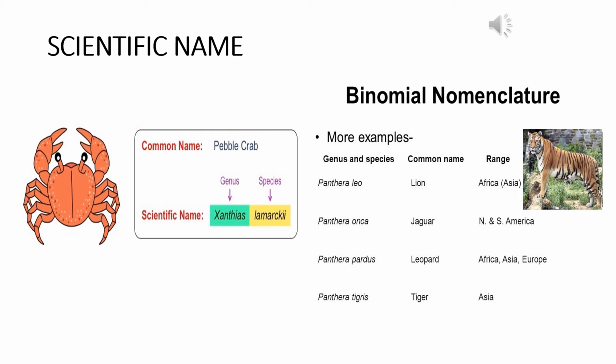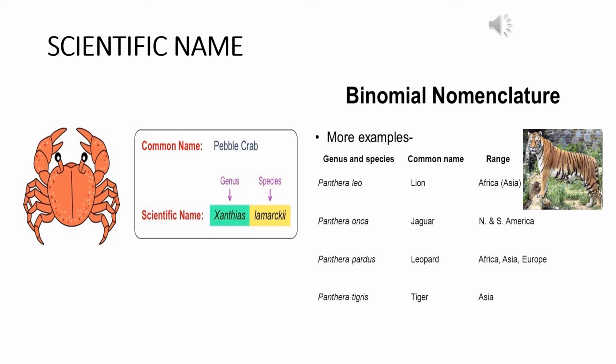So it makes communication in the scientific world easy. Suppose a scientist is coming from Russia and he is referring to the pebble crab, and someone is coming from England and he is also referring to the pebble crab. Both of them don't know each other's language. But if they refer to the pebble crab by the scientific name, that is known to both of them.